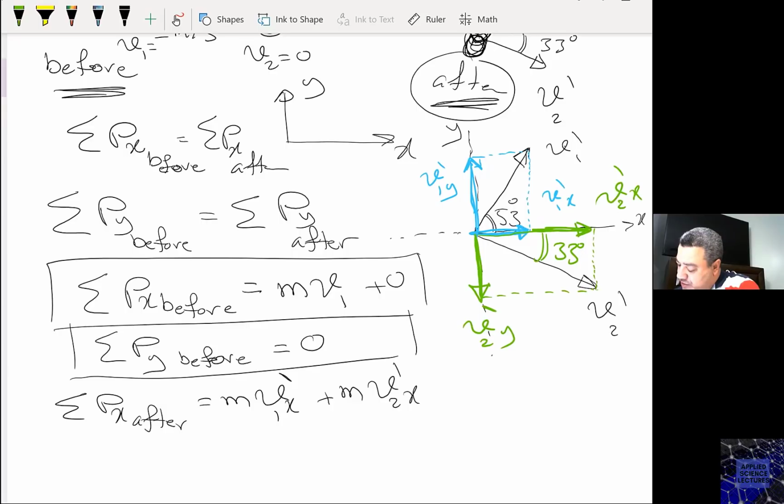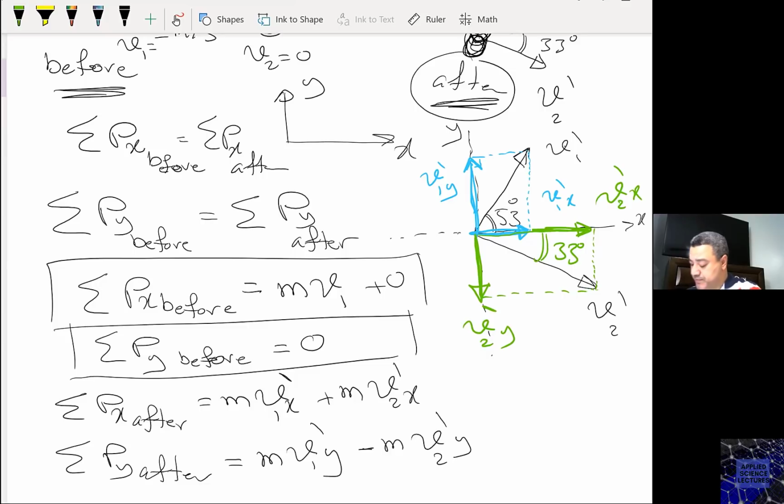Which is the projection of the V2 prime and the projection of V1 prime on the x-axis. What about the sigma py after? Again, I have V1 prime y being positive, so m V1 prime y. This one will be negative, right? Because y is positive up, minus m V2 prime y.